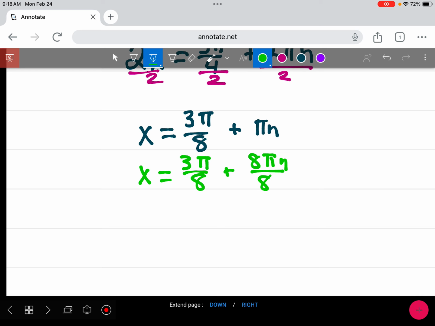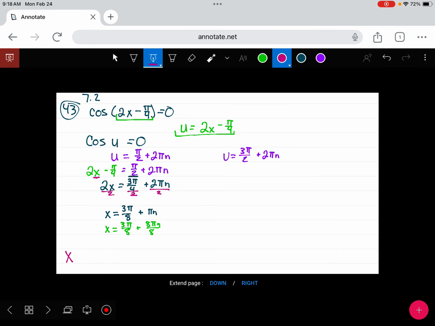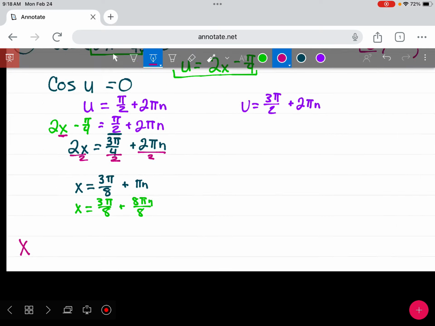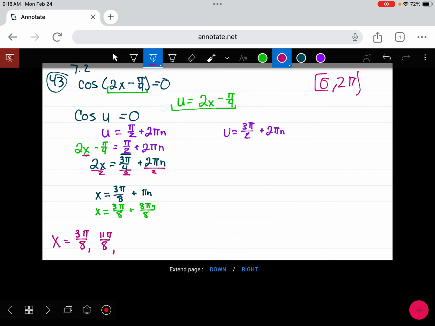Sometimes it helps so that we can do that math a little bit easier, because our options for x that are on our interval from 0 to 2 pi are going to be our 3 pi over 8 and 11 pi over 8. If we add another 8, we'd have 19 pi over 8. Is that in our interval, though? So that's where we stop.